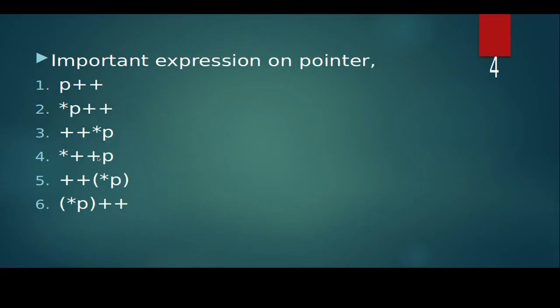Fourth, we are pre incrementing the pointer, then dereferencing where p is pointing. Fifth, we are pre incrementing the value of the variable where p is pointing. Sixth, we are post incrementing the value where p is pointing. Okay, I hope this is clear. If you still have any doubt, please write a comment in the comment box. I will explain it to you in detail.